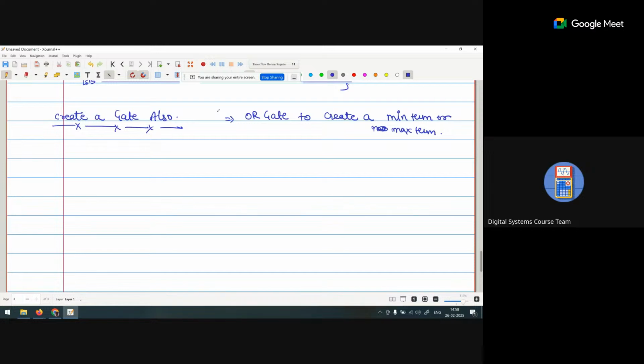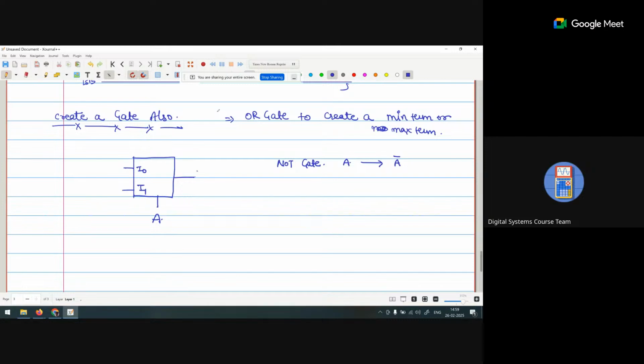Okay, now if we have a 2 cross 1 with inputs I naught, I1 and select S, and I want to create a NOT gate, that means only input A is there and we are getting output as A bar. So in place of S, can I use A?